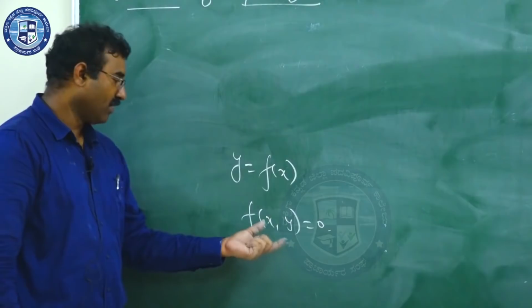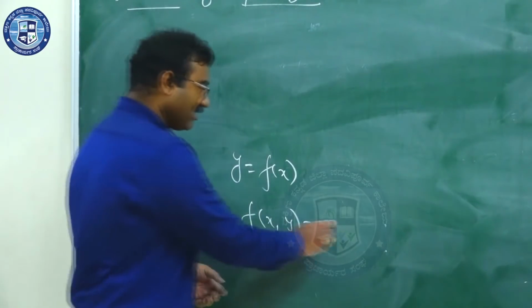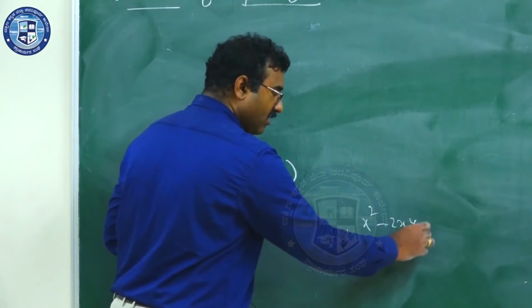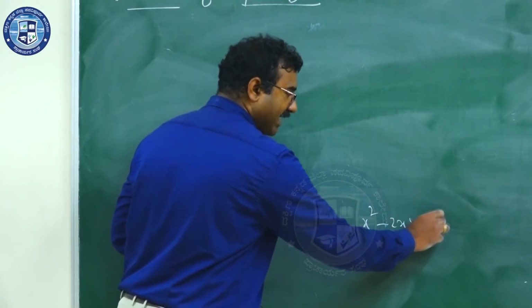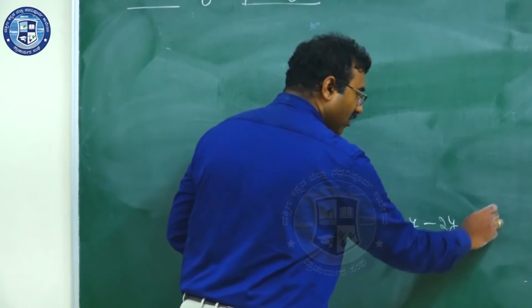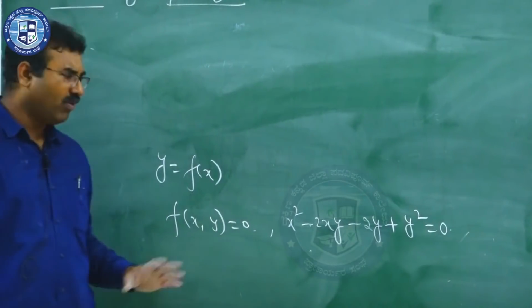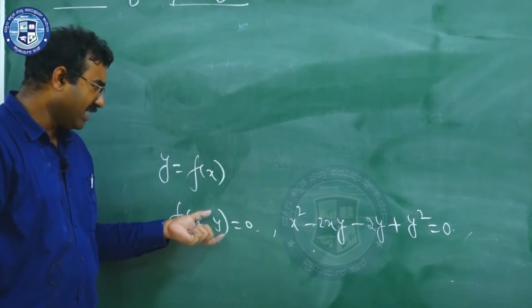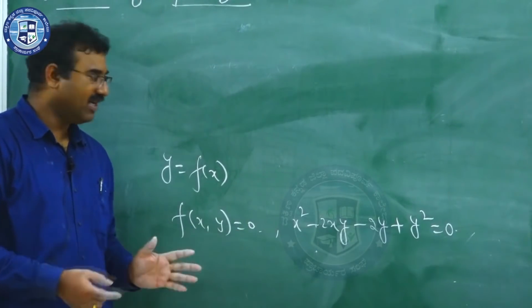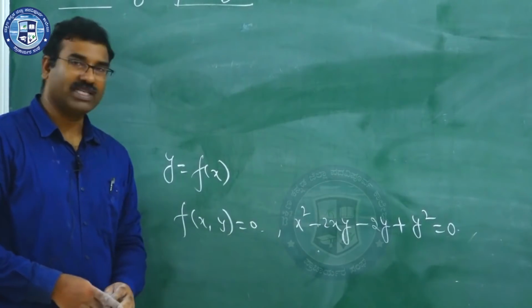For example, x square minus 2xy minus 2y plus y square is equal to 0. They won't give in an exclusive manner the y in terms of x.